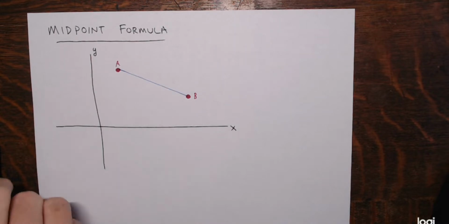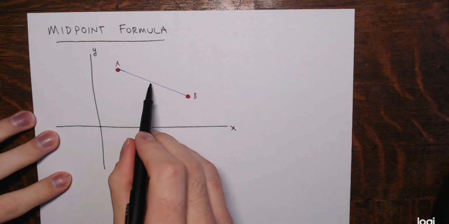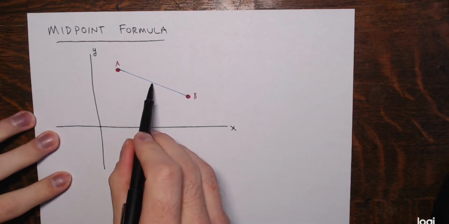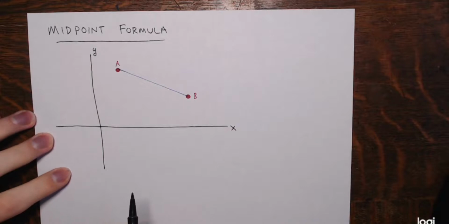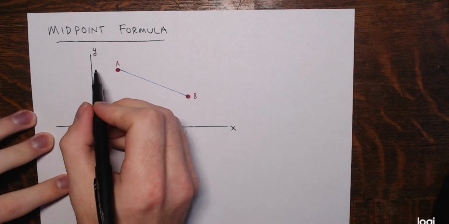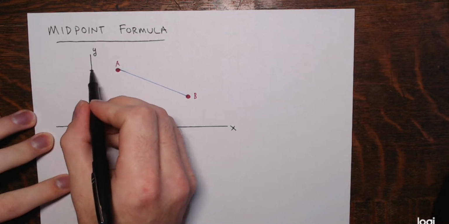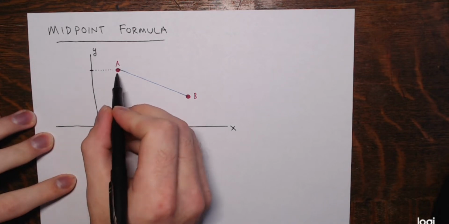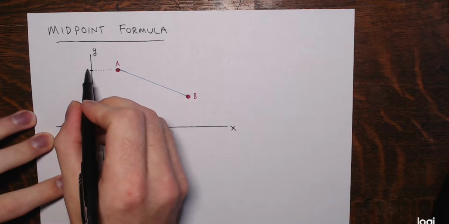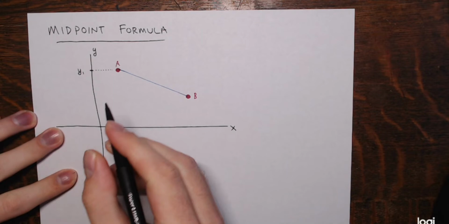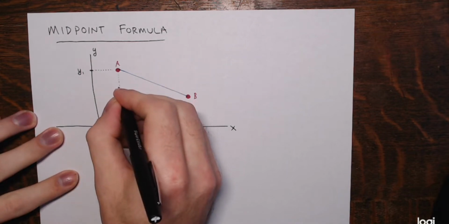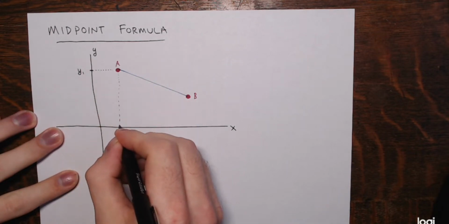We're asked to find what's the point exactly in the middle, right, exactly halfway between points A and B, these endpoints. That's the midpoint. Alright, well, let's talk about the coordinates of these endpoints. So say point A here has a y-coordinate of, I'll call it y1, and an x-coordinate on the x-axis of x1.